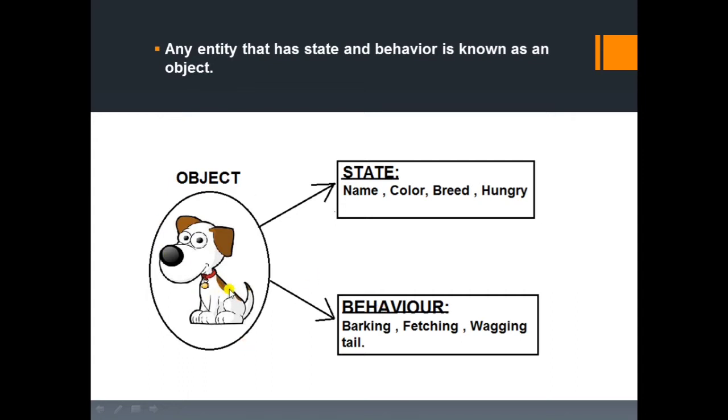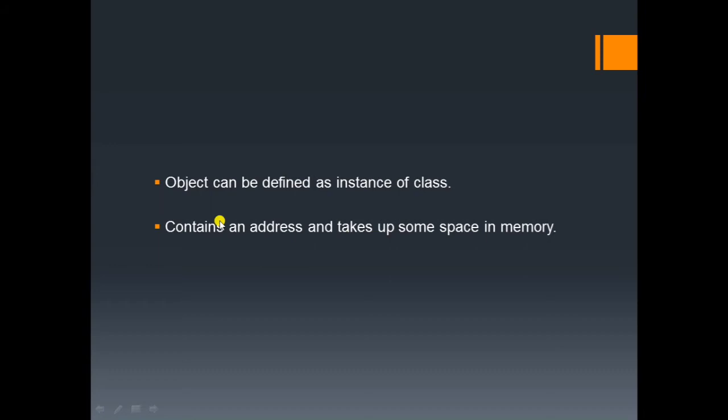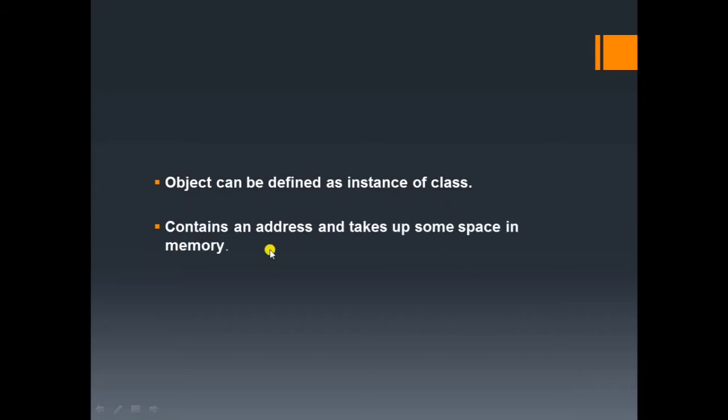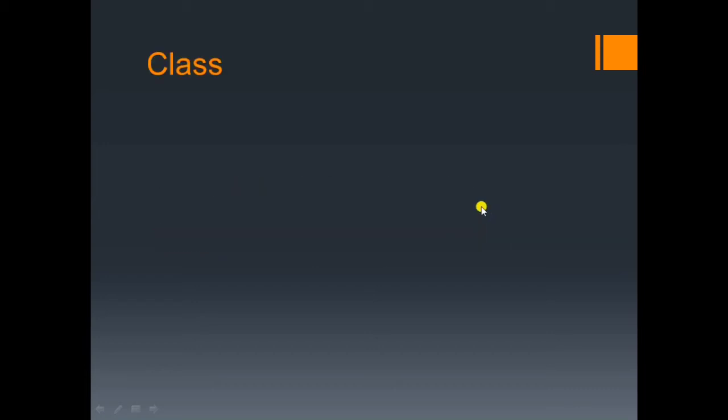So any entity that has state and behavior is known as an object. An object can be defined as an instance of a class and it contains an address and takes up some memory space in memory.